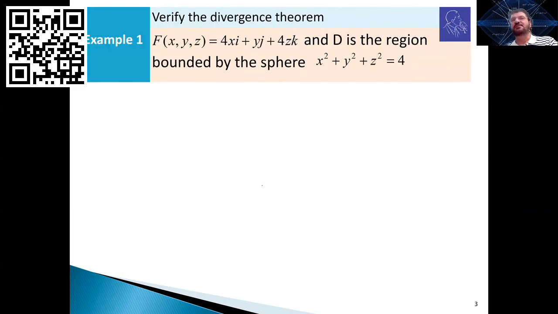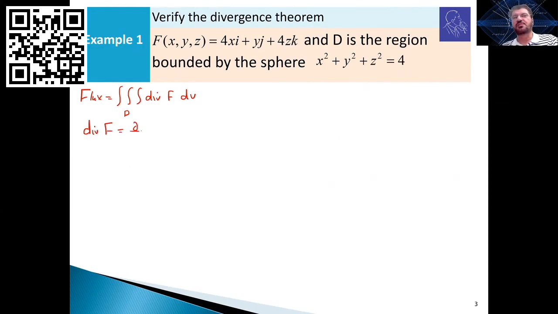Let's look at this example. Let's find the flux, verify the divergence theorem. You say flux is equal to the triple integration over D of the divergence of F, then dV. Remember, what's the divergence of F?